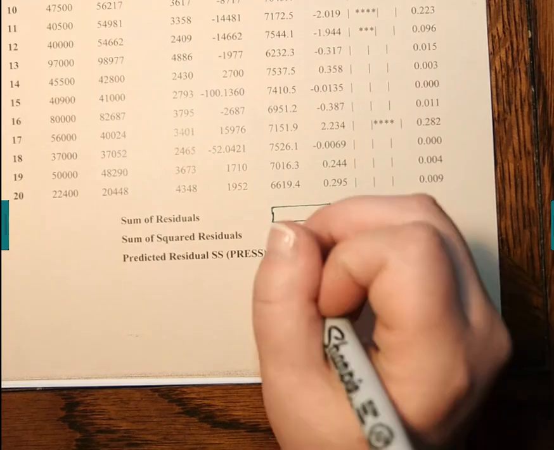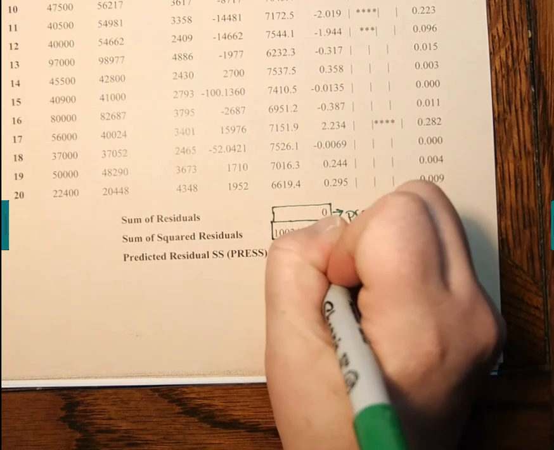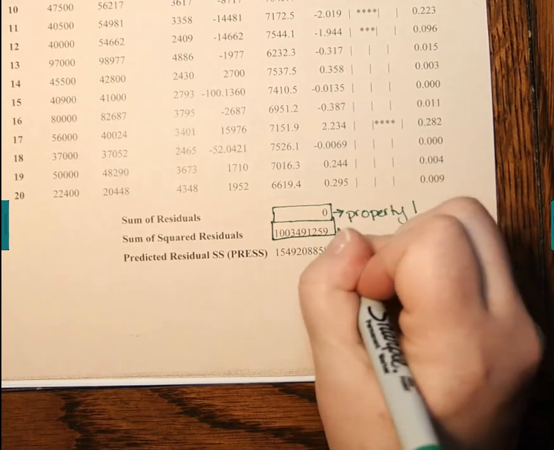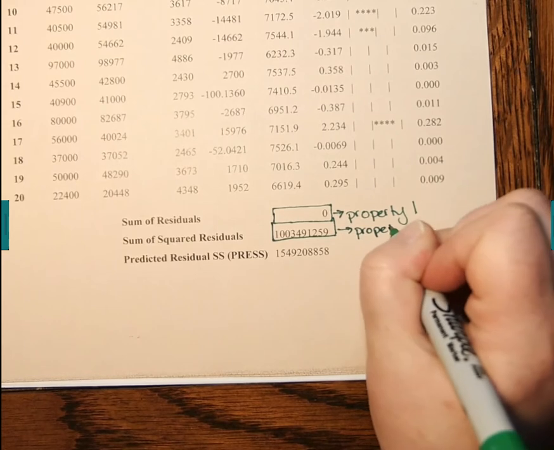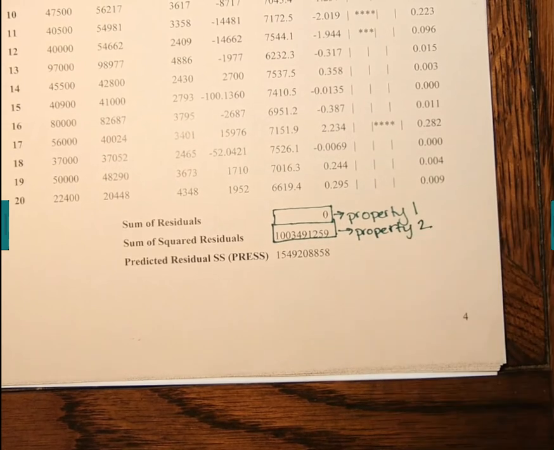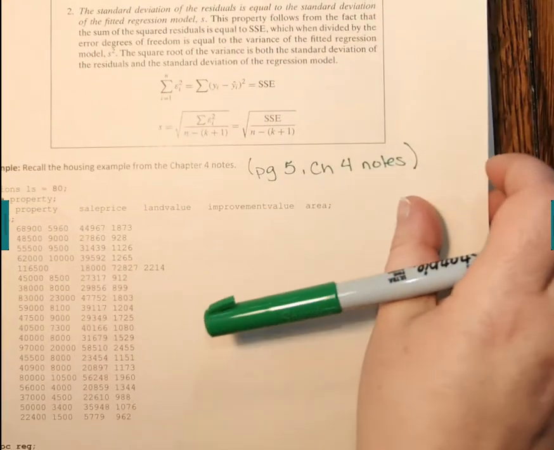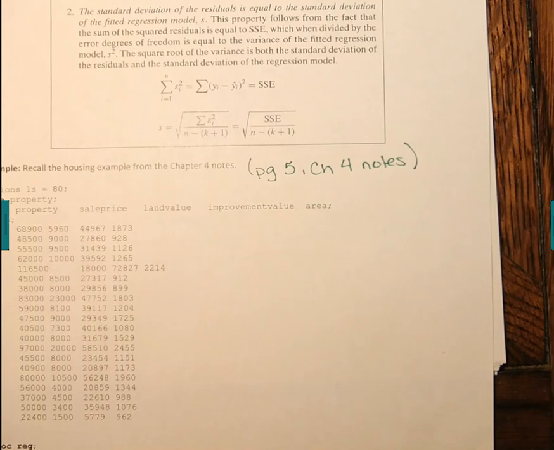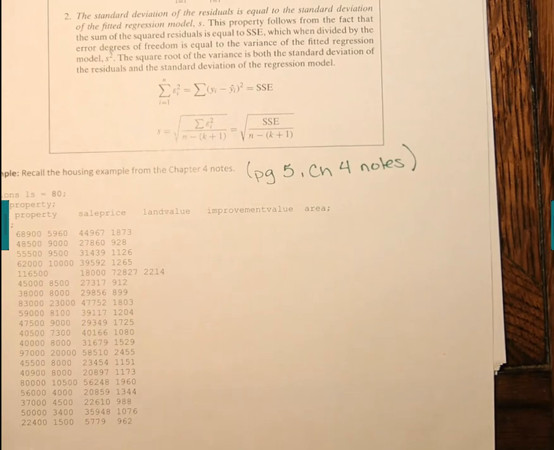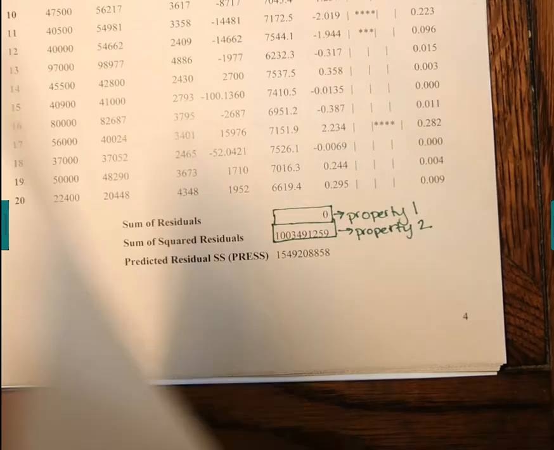And then the second one we have here is, notice this is property 2. And so notice that property 2 tells us that the standard deviation of the residuals is equal to the standard deviation of the fitted regression model S. Well, let's check that.